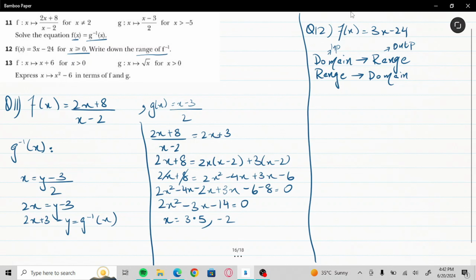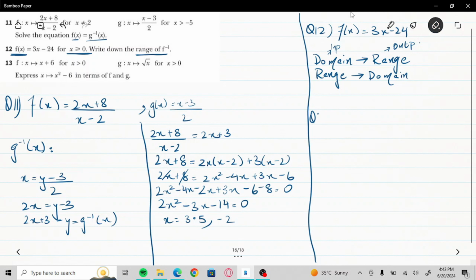Similarly, right now x is greater than or equal to 0 is actually the domain, meaning the set of inputs that can be given into the function f. So x greater than or equal to 0 is the domain, and they have told us to find the range of the inverse of f. So the domain of the function is the range of the inverse.